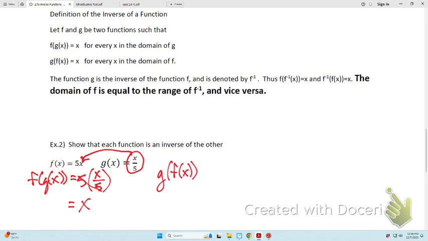Find g of f, and I'm putting 5x in place of the x in function g. The 5s cancel, and we get x again. G is the inverse of f.